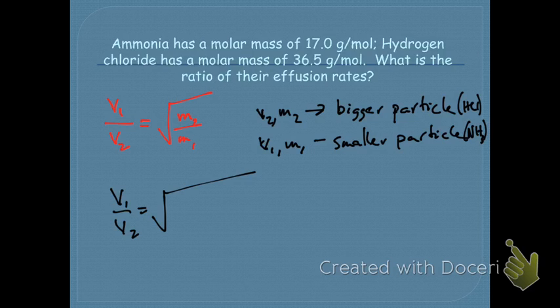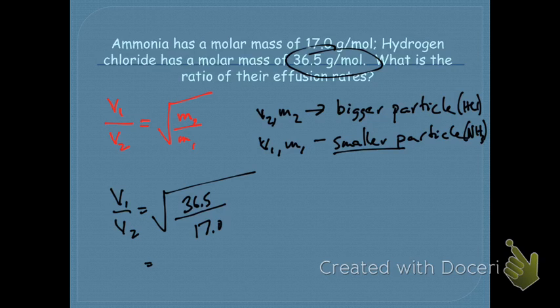Hydrogen chloride is 36.5 grams per mole over, and the smaller particle, V1, is 17.0 grams, right?